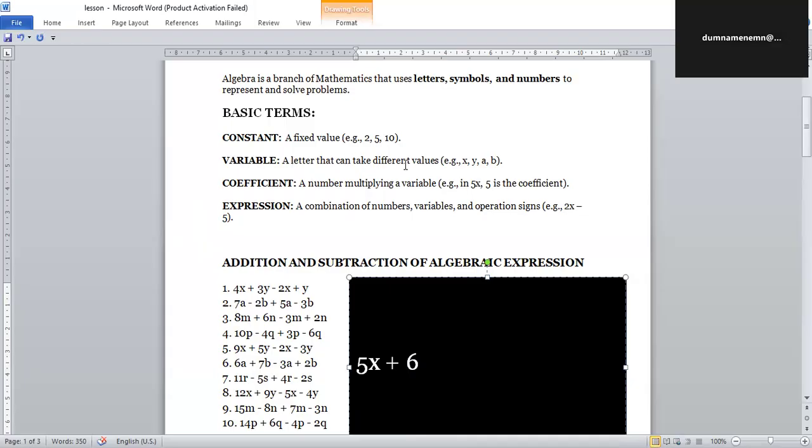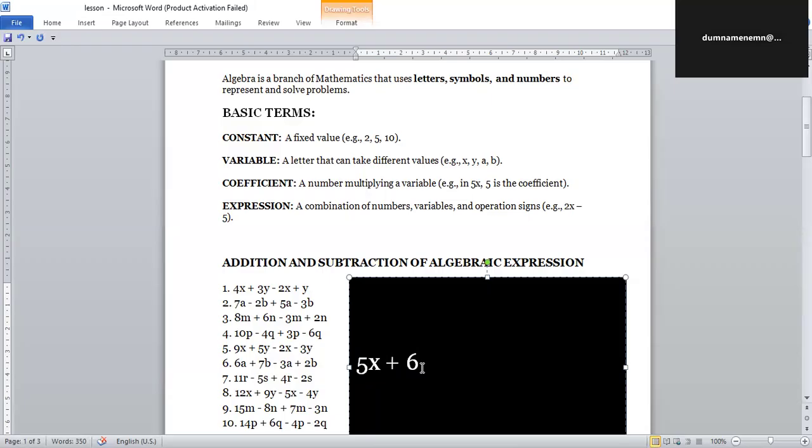Sometimes we call it the unknown. So when you see any unknown in a given expression, it's referred to as a variable. It could be a letter, it could be a symbol, and the rest of it. So in this expression, x is a variable, x is the unknown. A variable is a letter that can take different values.